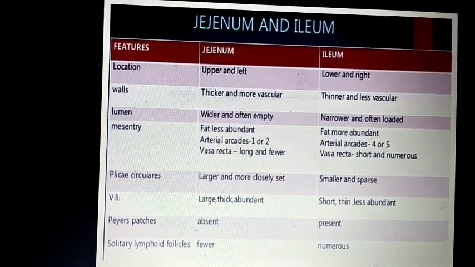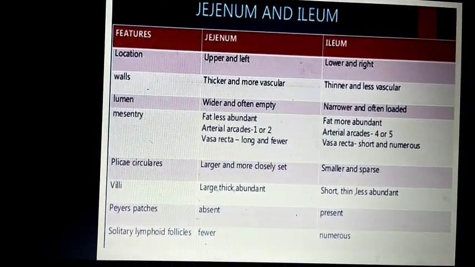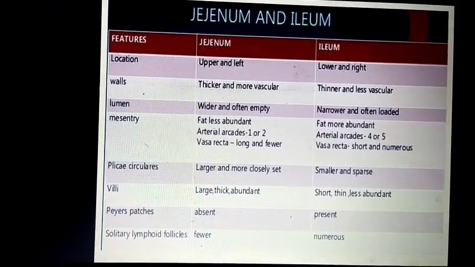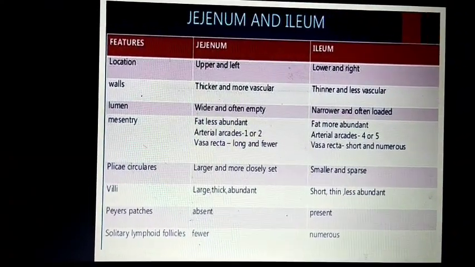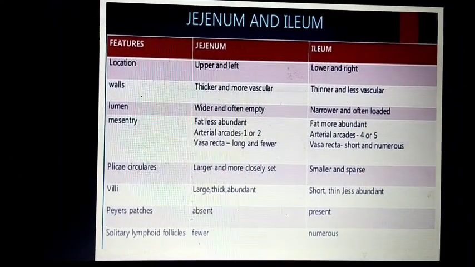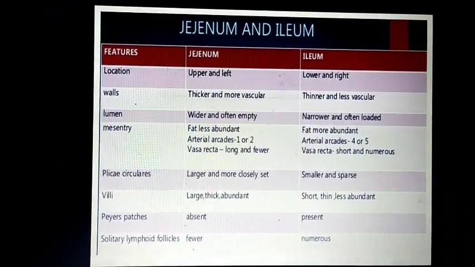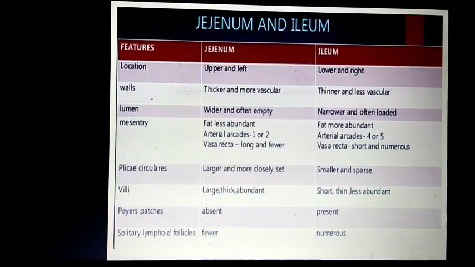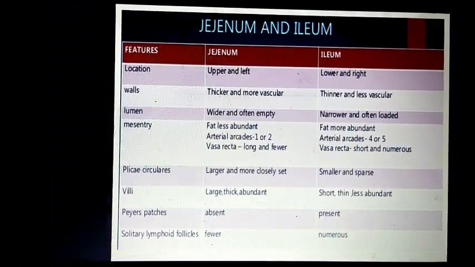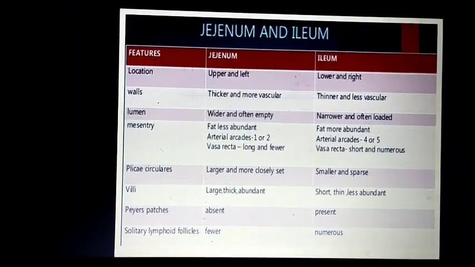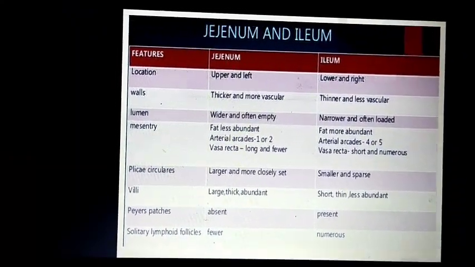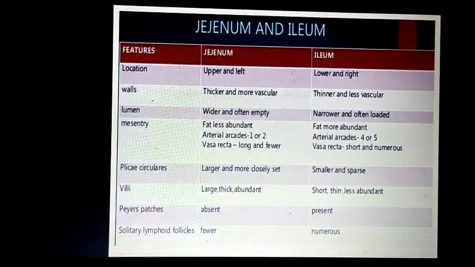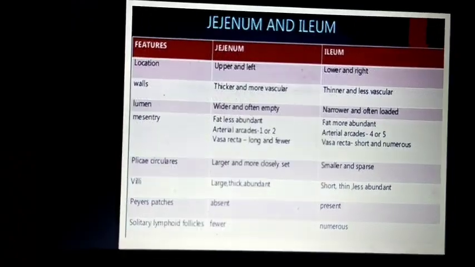The difference between the jejunum and ileum according to location: the jejunum is present in the upper and left side of the abdomen. The ileum is present in the lower and right side of the abdomen. Walls are thicker and more vascular in the jejunum, thinner and less vascular in the ileum. The lumen is wide and often empty in the jejunum, narrow and often loaded in the ileum. In the mesentery, fat is less abundant, meaning more windows are present, but in the ileum fat is more abundant and fewer windows are present.